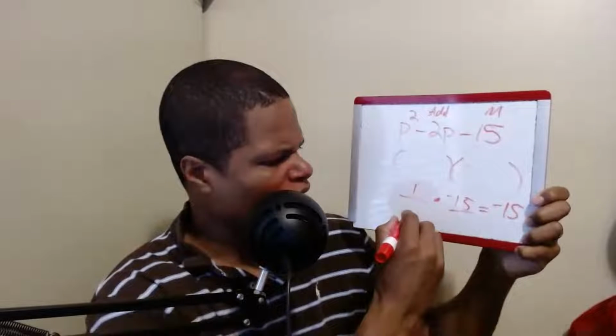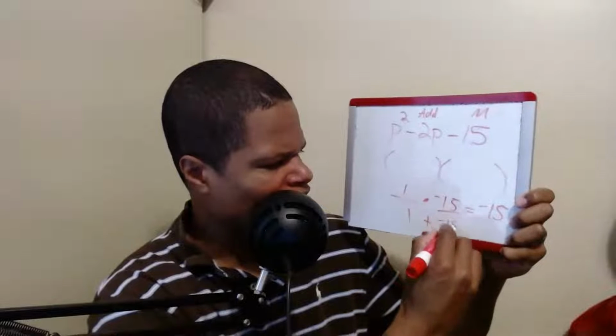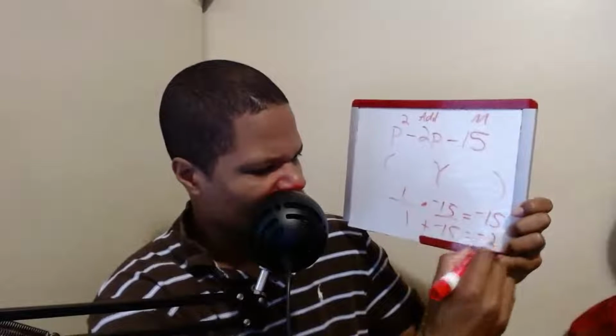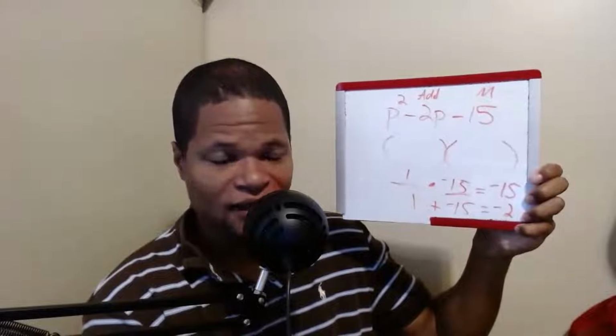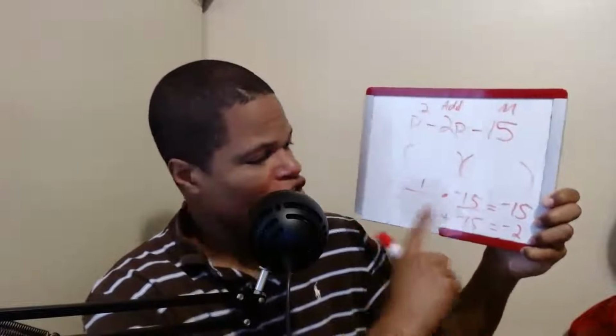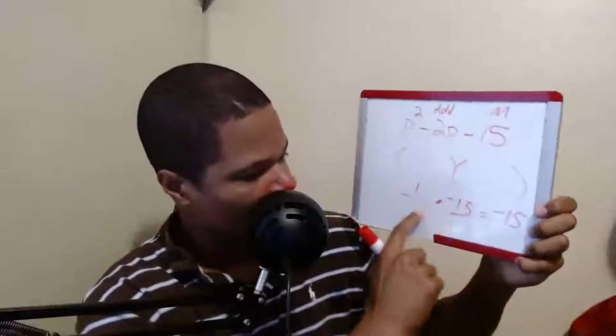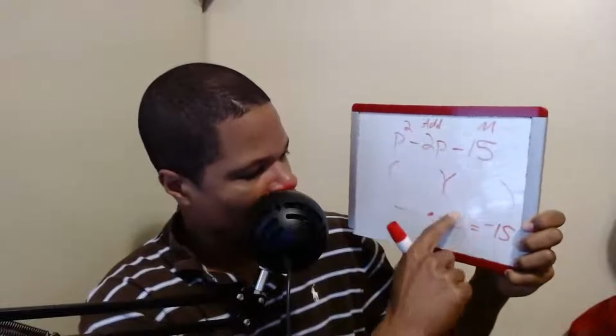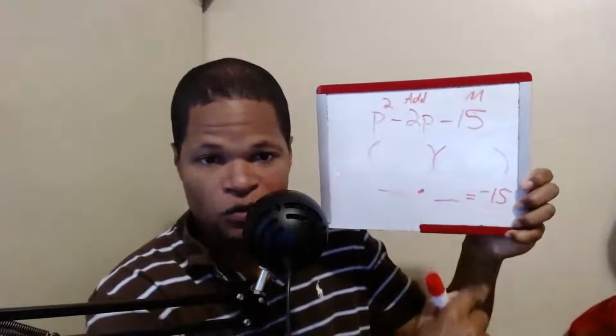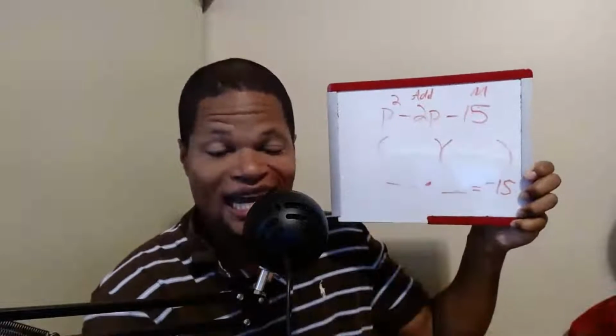But is there any way I can add 1 plus a negative 15 and get a negative 2? I don't think so. That adds to negative 14. So after trying that option out, I have to go back to the drawing board. I'm like, well, even though 1 times negative 15 does check this box, so to speak, it doesn't check the other box. It has to add to negative 2.